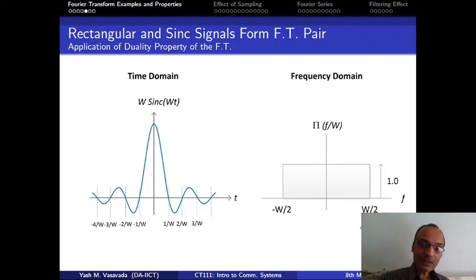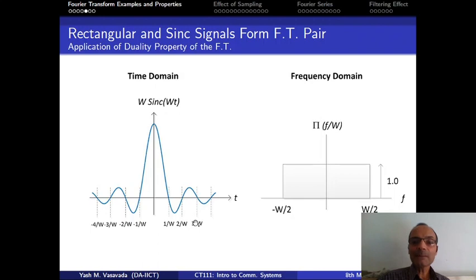And so if I am interested in transmitting a signal whose spectrum, whose frequency domain representation, does not go beyond plus minus W divided by 2, then I am forced to make the signal look like a SINC function in the time domain, where the intervals of the zero crossing is a multiple of 1 over W.